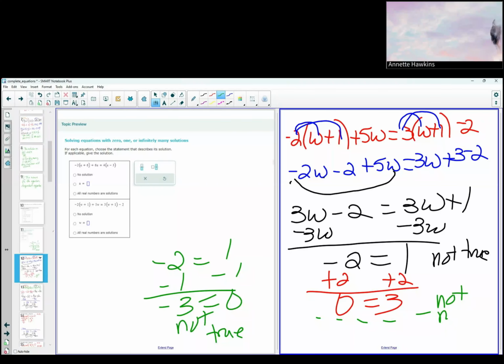So the question is, well, what is the solution? You probably already know. So if it's not true, can it have a solution? No. So the solution is no solution.